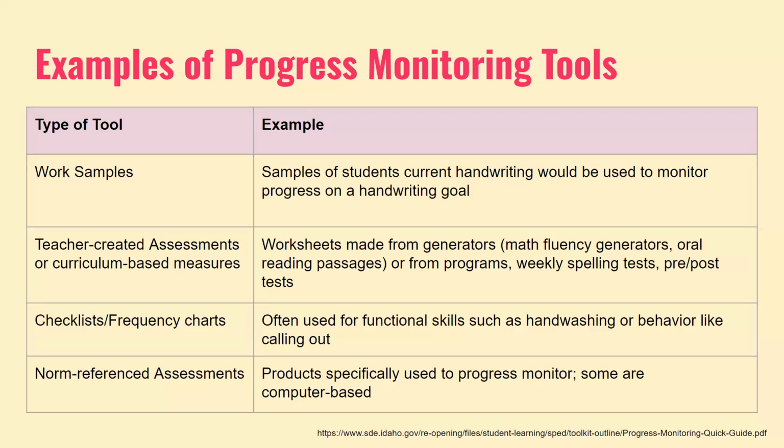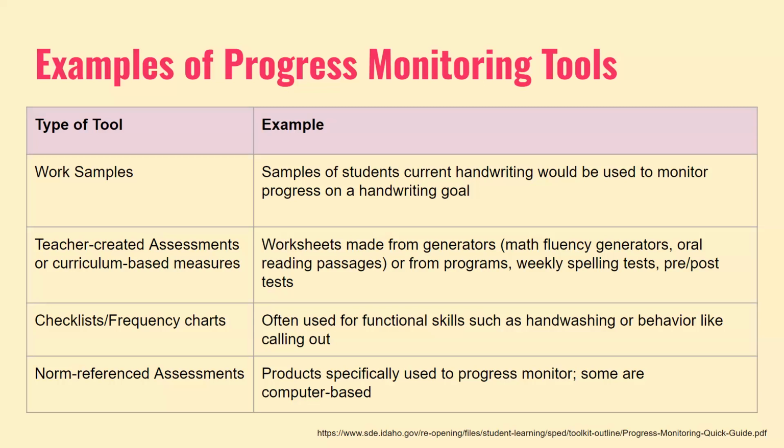Checklists and frequency charts are another type of tool that are often used to monitor student progress. These are most often used for students who are working on functional skills, such as hand washing or making meals, but they can also be used to monitor behavioral goals like calling out in class or staying on task.